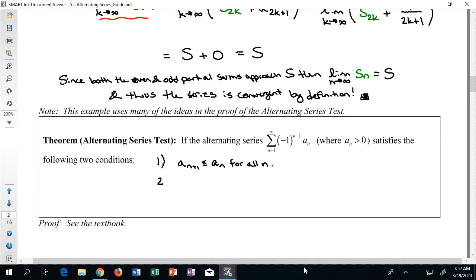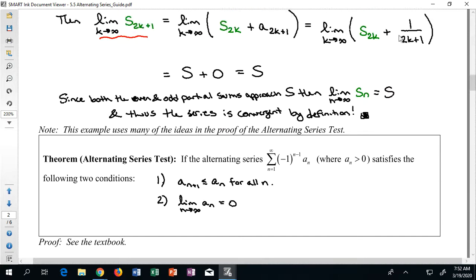If I have that as true, and I also have the limit as n approaches infinity of a sub n is equal to 0, which we used right up here when we did the limit of this last term. It was important that that turned into 0, or I wouldn't have been able to get a final answer of S. And if both those things are true, then I can always repeat the above argument and conclude the series is convergent.